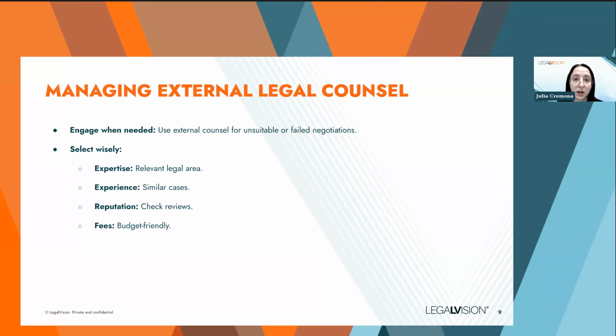Also, what we find has come up quite often is sometimes there are situations where there is what we call a personal conflict for in-house counsel. Because in-house counsel lawyers have a difficult position where they are acting independently as legal advisors, but they're also employed by their ultimate client.